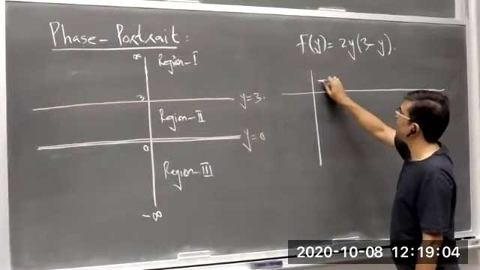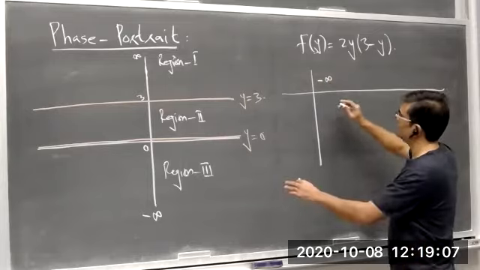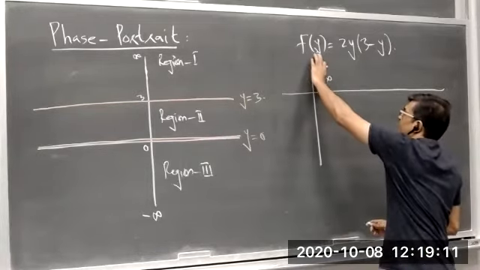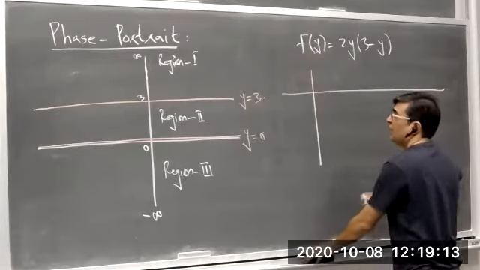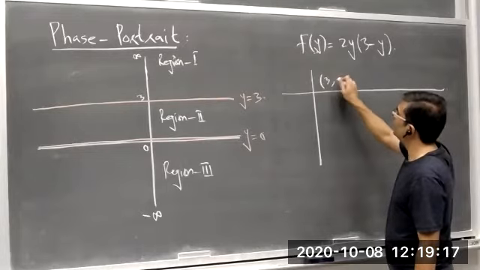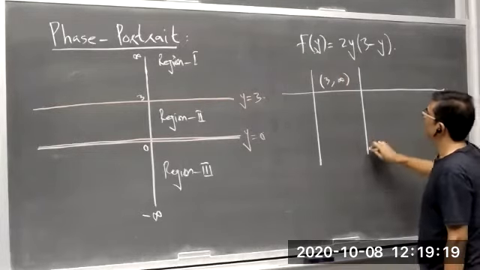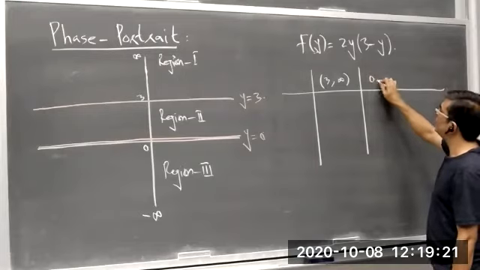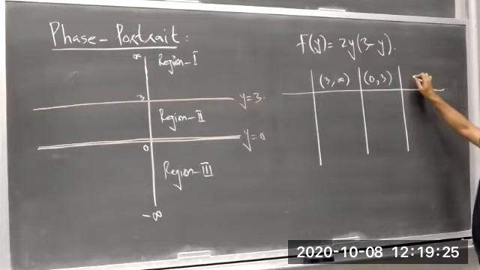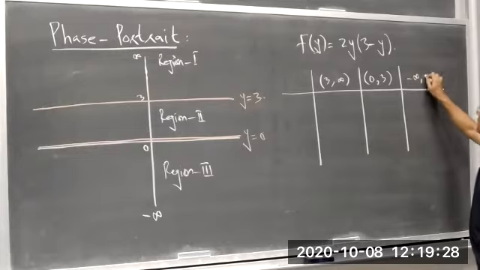So region 1 is between 3 to infinity. Region 2 is from 0 to 3. And region 3 is minus infinity to 0.